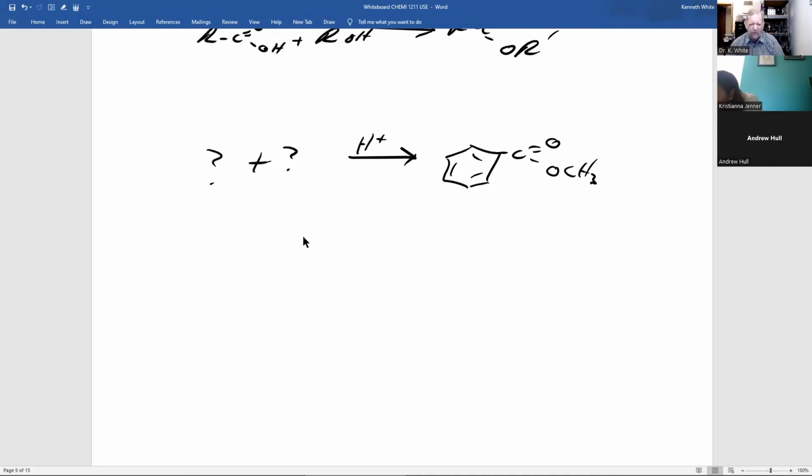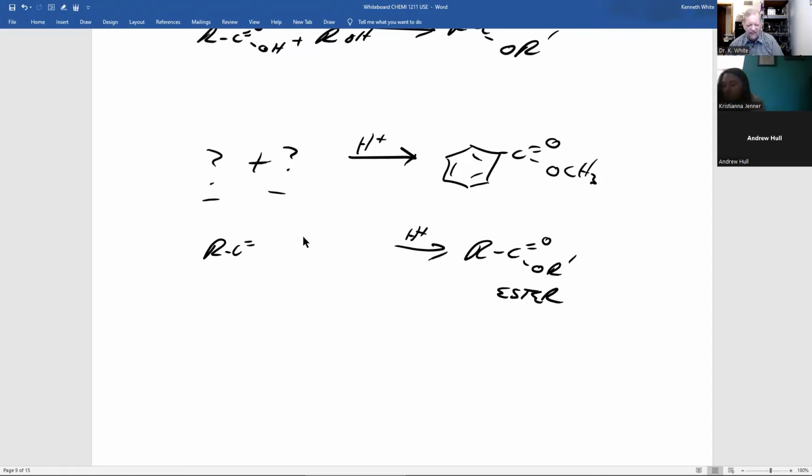How do you determine what two compounds I react to make this product? Well, you look at what's different. I've got a benzene ring, but it's attached to a carbonyl, which also has an oxygen and has carbons here. This is an ester. And how do you make an ester? You react a carboxylic acid with an alcohol.